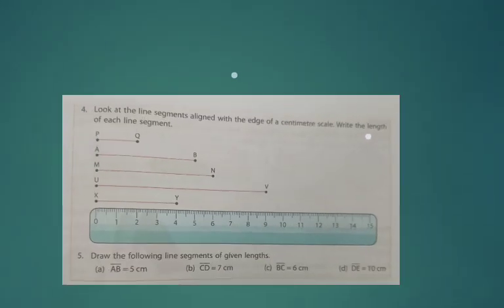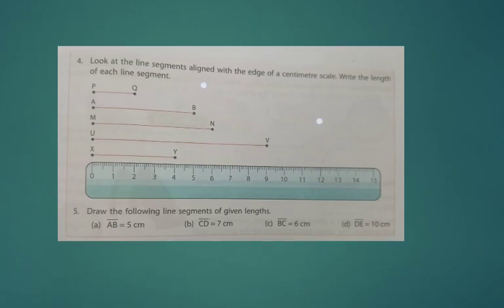Next, fourth question, you see. What is in the fourth question? Look at the line segment aligned with the edge of the centimeter scale. Write the length of each line segment. So first you see, 0 is the initial position, right?